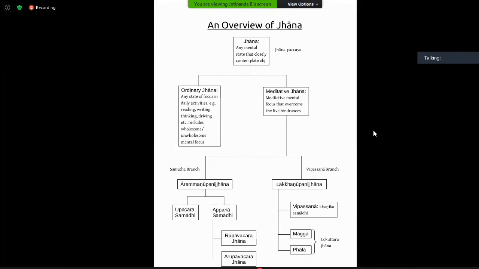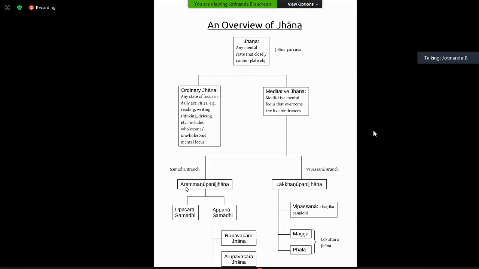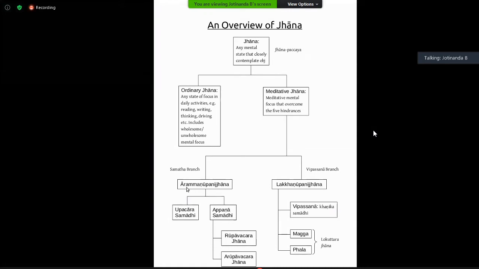Okay. So under aramana anupanijjhana, the samatha side. You have first of all upachara samadhi, which means access concentration. The access concentration is when the five hindrances are put away, the first time the five hindrances are put away.